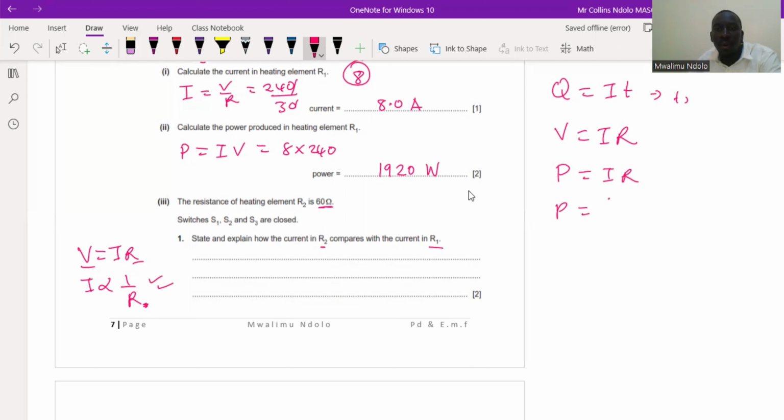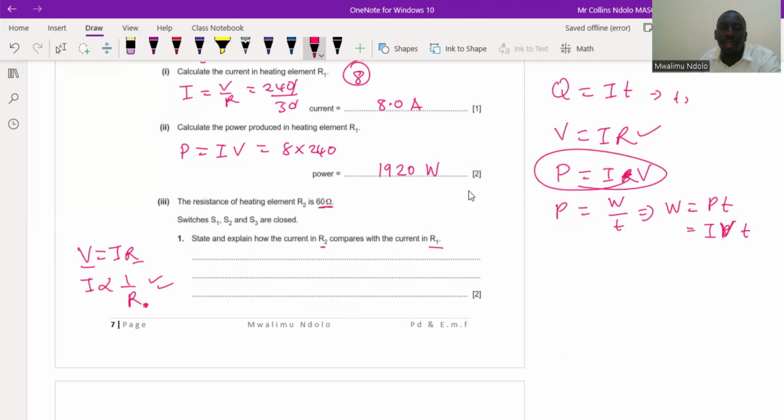Power is also work done per unit time, meaning that work done or energy transferred is given by power times time, so we have IVT. If we master this, it will help us. Manipulation of the equations depends on this.